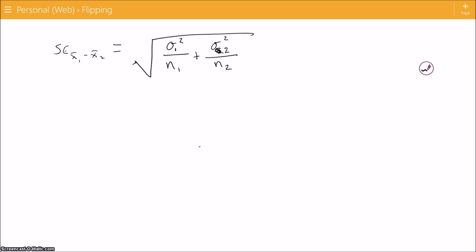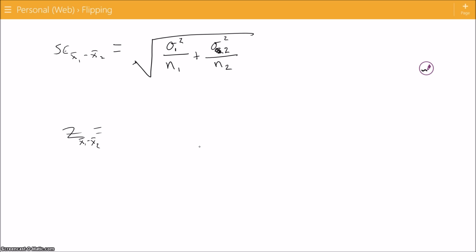Functionally, this is going to work the same as we have used before when we're looking to get a z so that we can do our z test. So I'm going to be specific here as well. I'm going to call this z sub x bar 1 minus x bar 2, just to again stress that we're comparing group 1 to group 2.